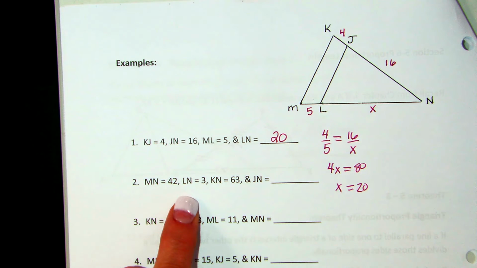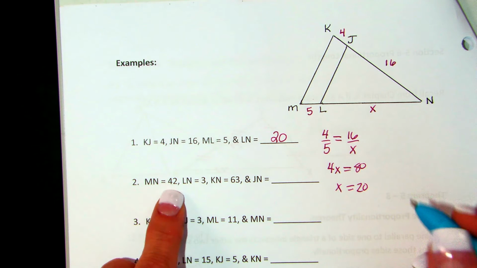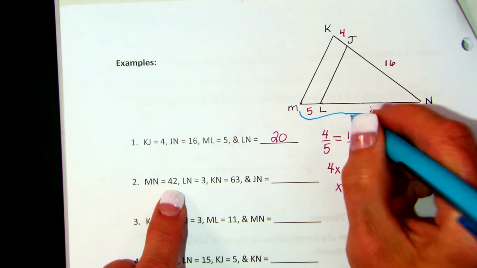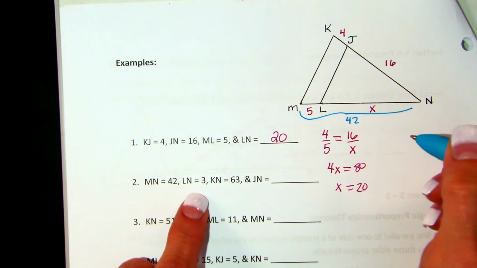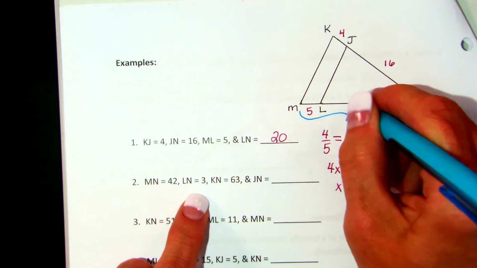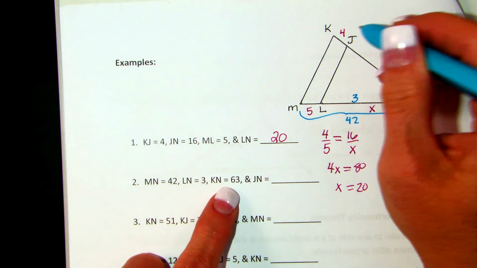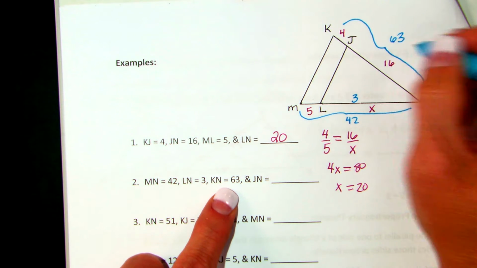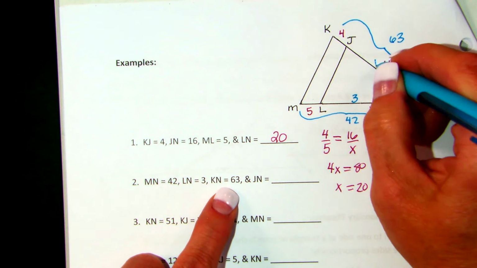And then in the second one, we know that MN is 42 and LN is 3. And then KN is 63, and we want to know JN.